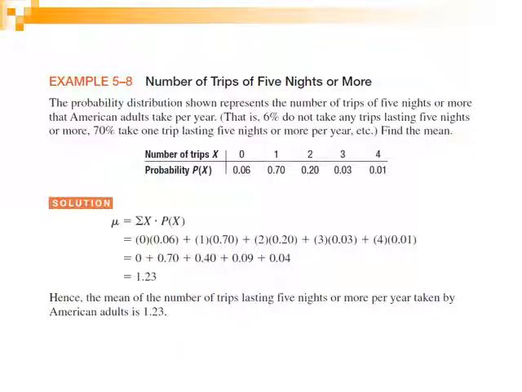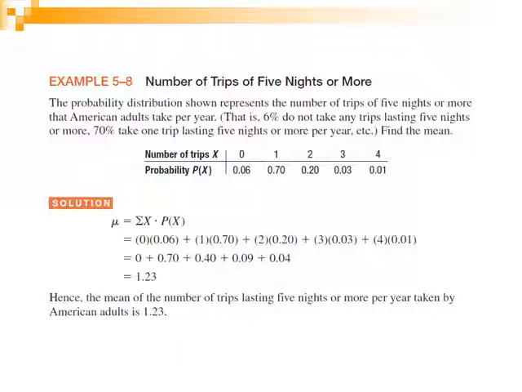So 6% don't have any trips lasting 5 nights. If they take one trip, it's 70%. If they take 2 trips, it's 20%. If they take 3 trips, it's 3%. And finally, if they take 4 trips, it's 1%.